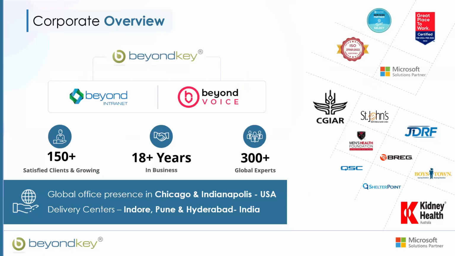There's also the Beyond Voice division, which provides vision and voice solutions, things like NLP, machine learning, AI, Gen AI, things of that nature. We have over 150 satisfied clients and growing, and we've been in business for over 18 plus years. With over 300 plus global experts that we work with on an ongoing basis, we have a global office presence in Chicago and Indianapolis here in the US, based here in Chicago, along with delivery centers in Indore, Pune, and Hyderabad in India.